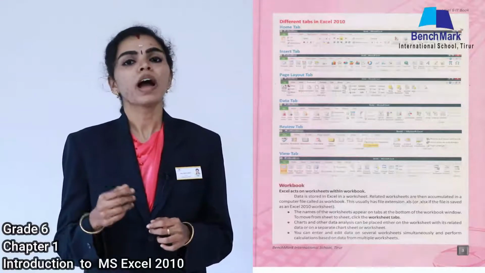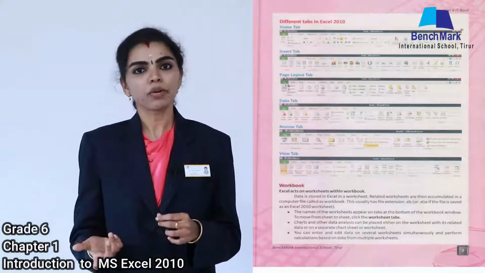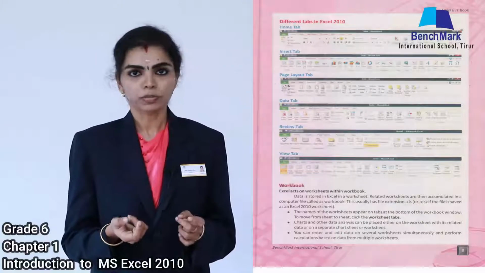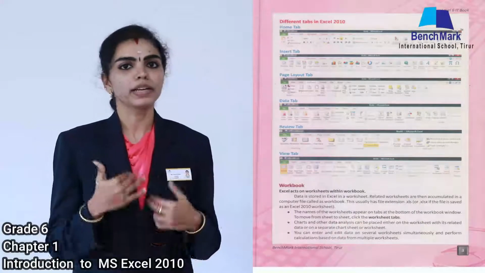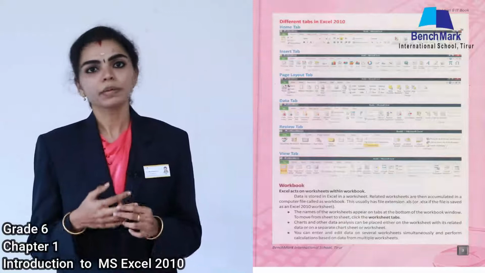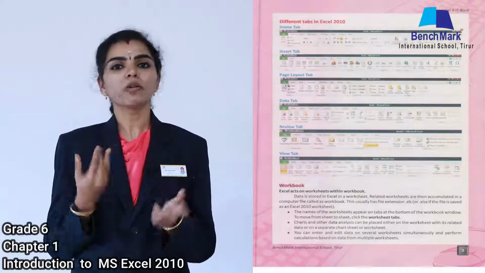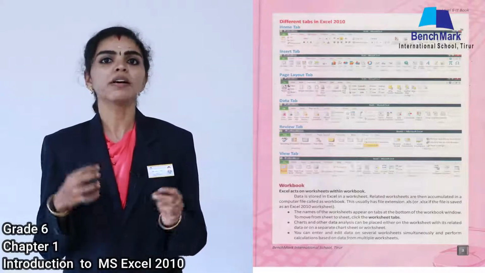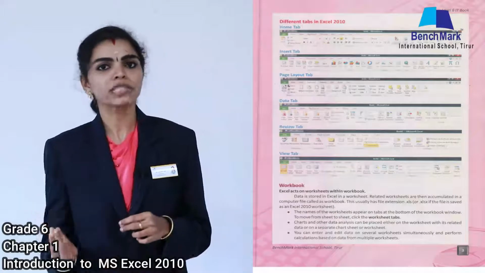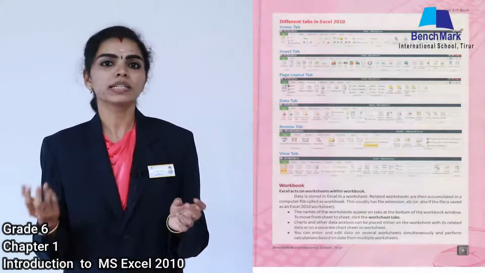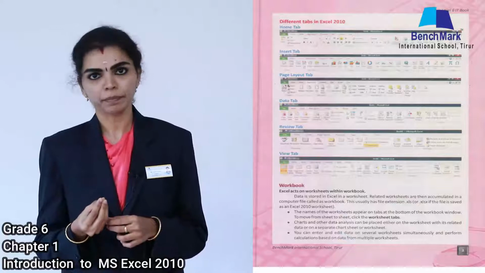We can also open an existing workbook using the Open option. All these are available in the file tab. Similarly, we have other tabs, like the home tab, which has font faces, font styles and alignments.